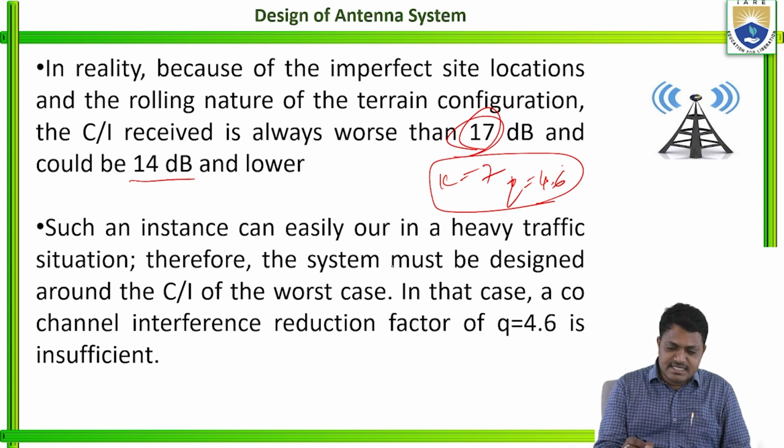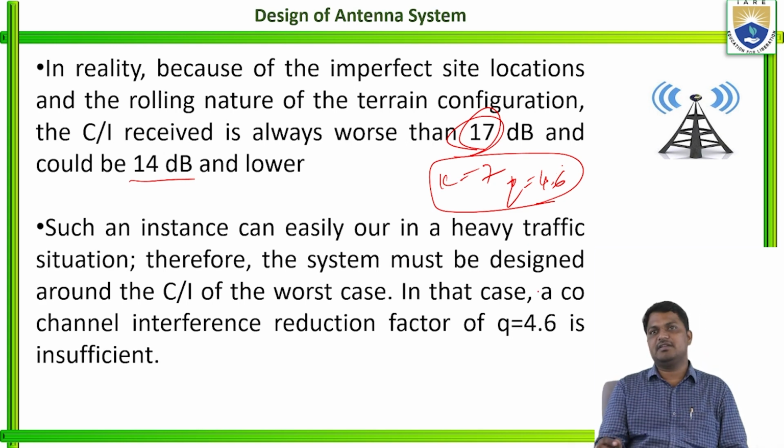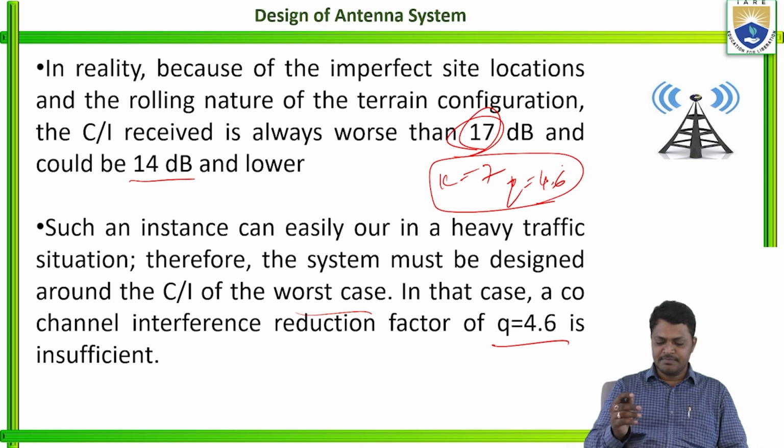Such an instant case easily occurs in heavy traffic. So when heavy traffic is the situation, the system must be designed around the C by I of the worst case. In that case, the co-channel interference reduction factor Q equal to 4.6 is insufficient to design the antenna and insufficient to design the base station.